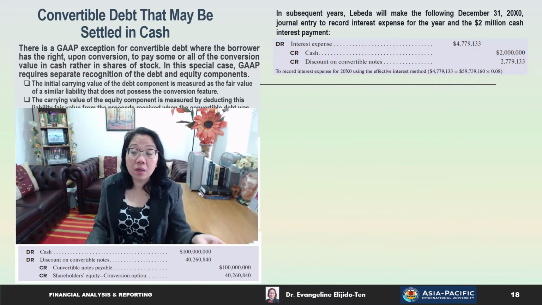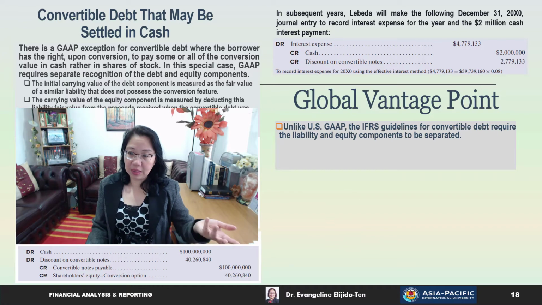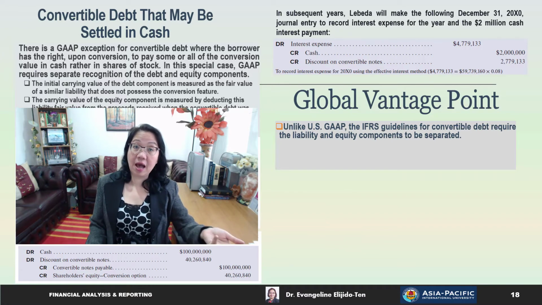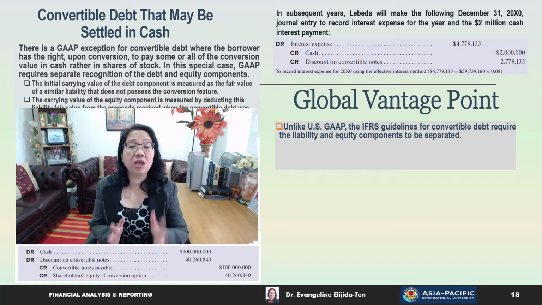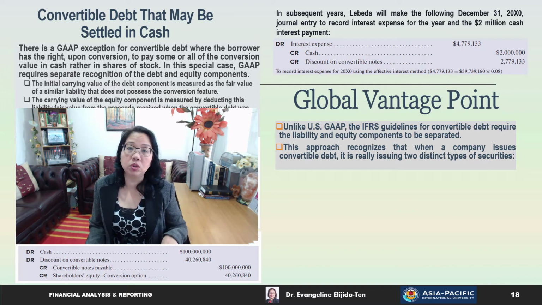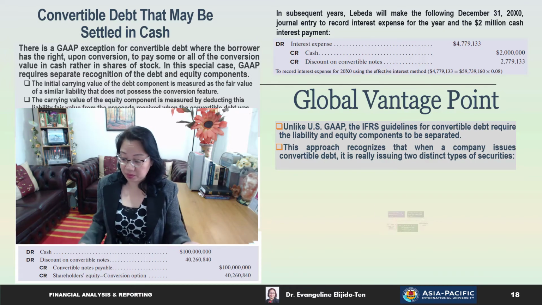So as our global vantage point, we'll look at how GAAP and IFRS guidelines differ in terms of convertible debts. Unlike US GAAP, IFRS guidelines for convertible debt require the liability and equity components to be separated. So this approach recognizes that when a company issues convertible debt, it is really issuing two distinct types of securities.